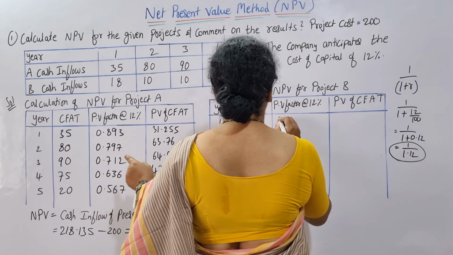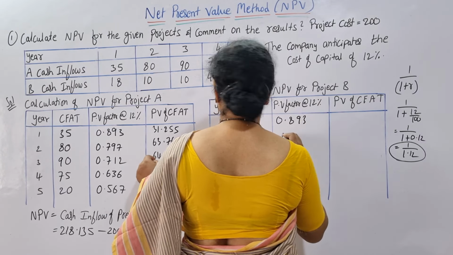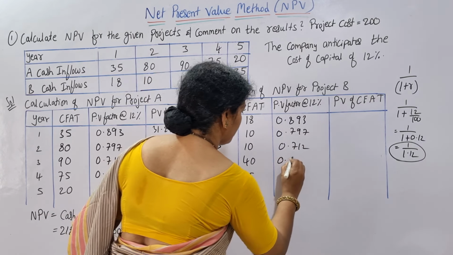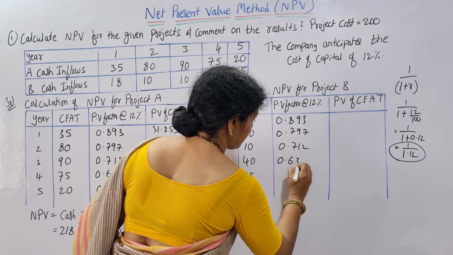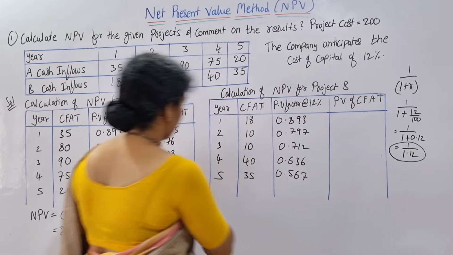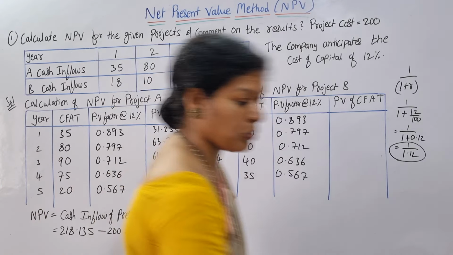Same amounts I am writing here: 0.893, 0.797, 0.712, 0.636, 0.567. Same as it is. Already we have calculated. Now what we need to do? Multiply these two.